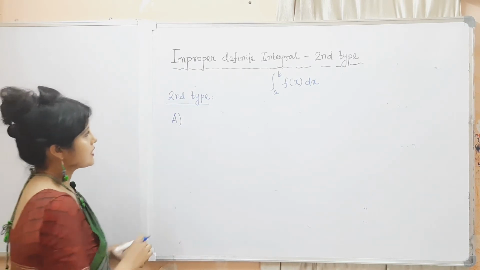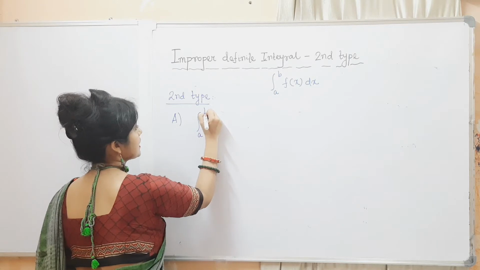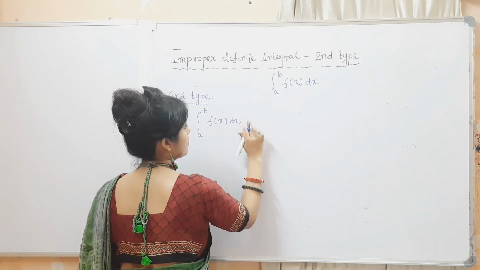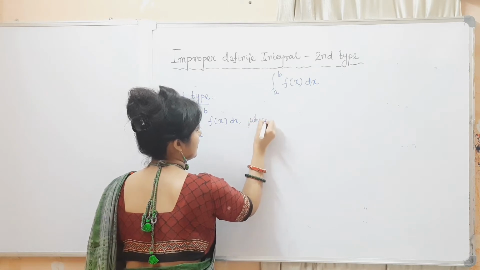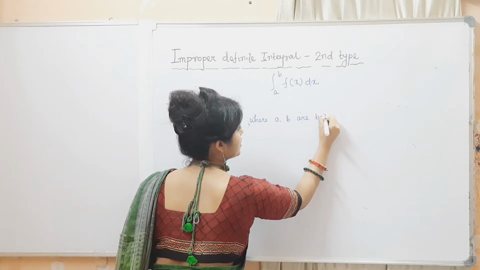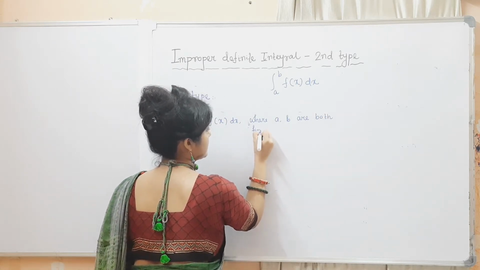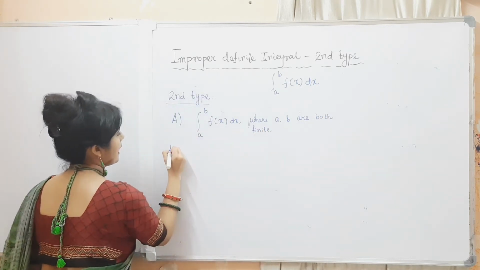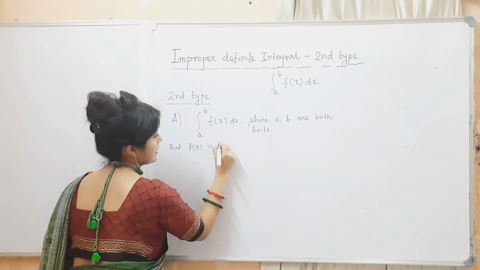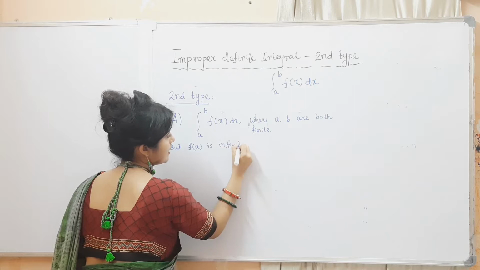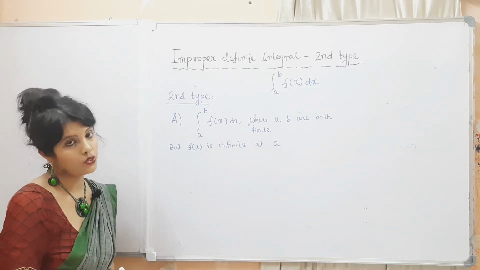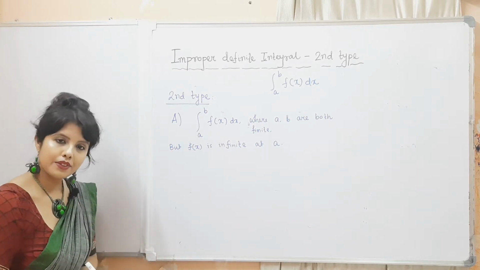So what is the first section? That is the integration a to b f of x dx, where a and b are both finite, but f of x is infinite at the point a. So at the lower limit the function is infinite.